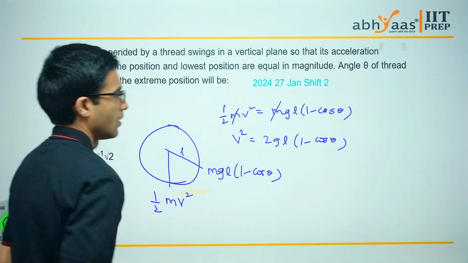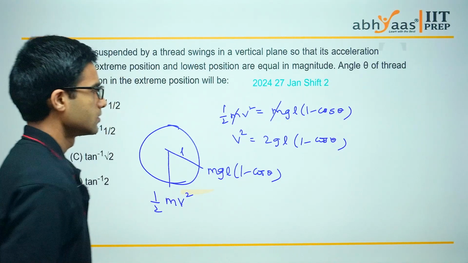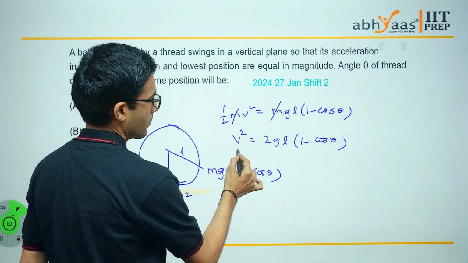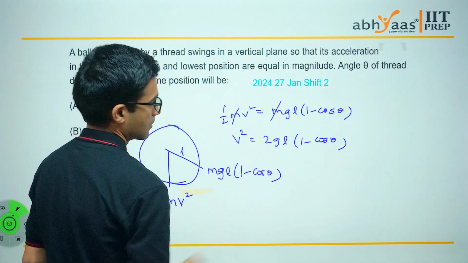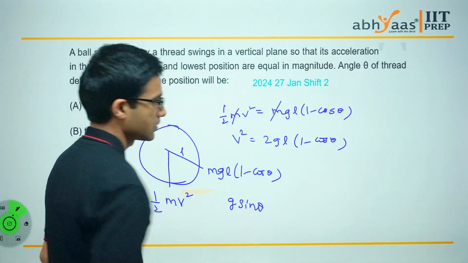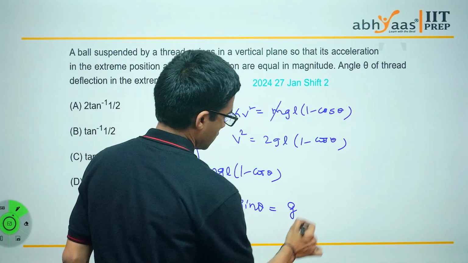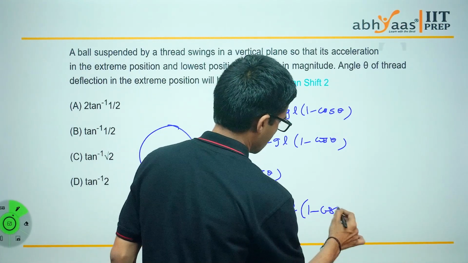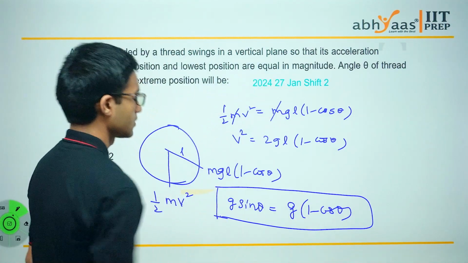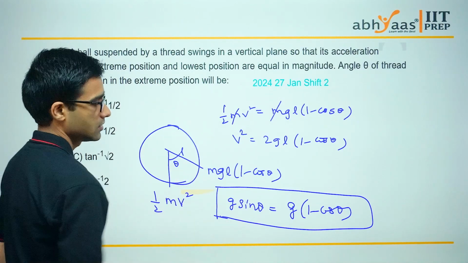Now, the same thing, if you keep v square by 2, the remaining things are the same. Then another thing is that at the extreme position, the acceleration is g into 1 minus cos theta. The general acceleration, if you are going to the top and it makes an angle theta, is g sin theta.